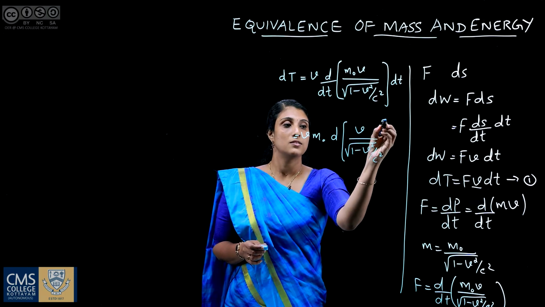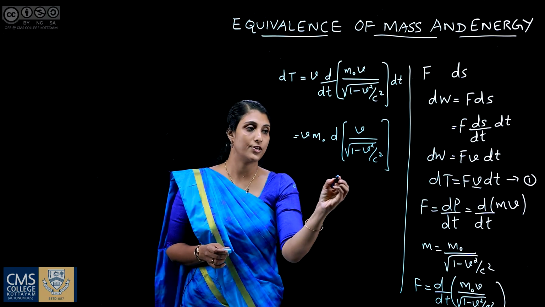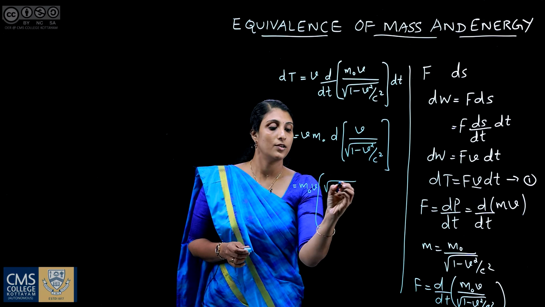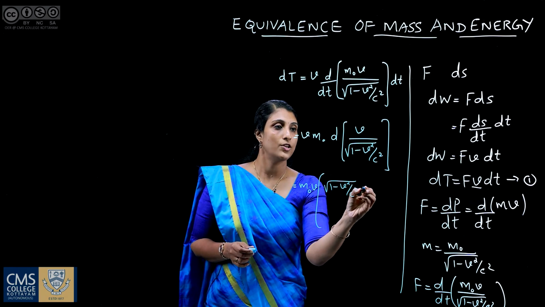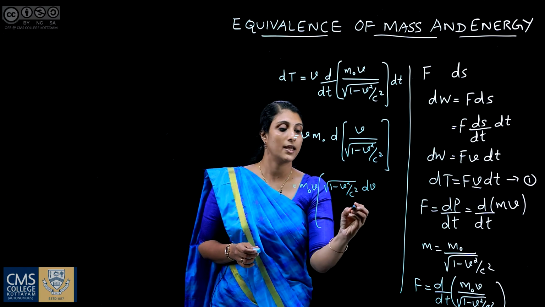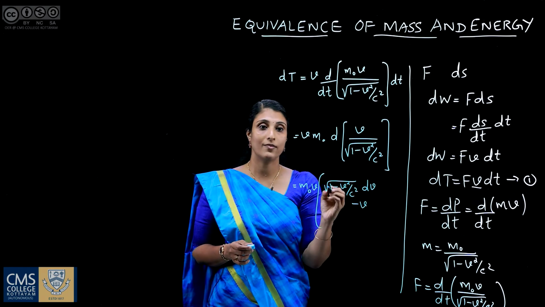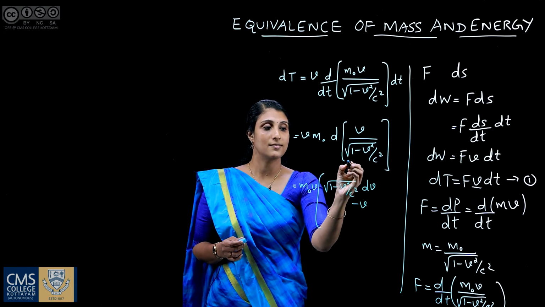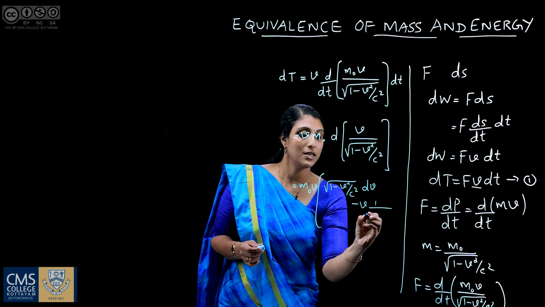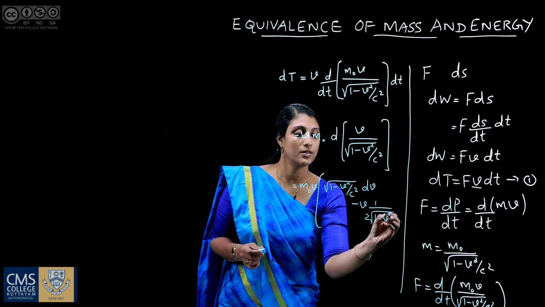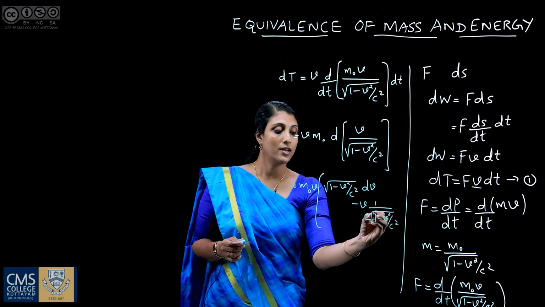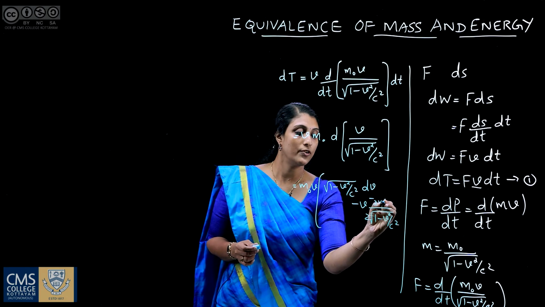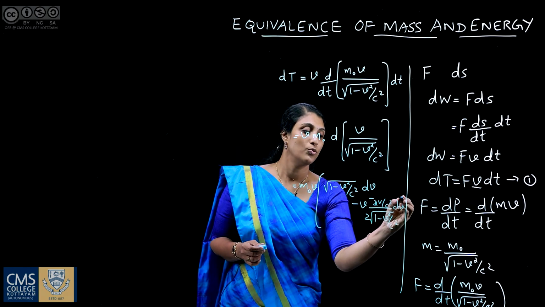Now we have to differentiate this, that is m0 v into denominator into derivative of numerator, that is dv, minus numerator into derivative of denominator. The derivative of the denominator, if we consider it as root x, is 1 by 2 root of 1 minus v square by c square, and differentiating 1 minus v square by c square gives minus 2v by c square into dv.